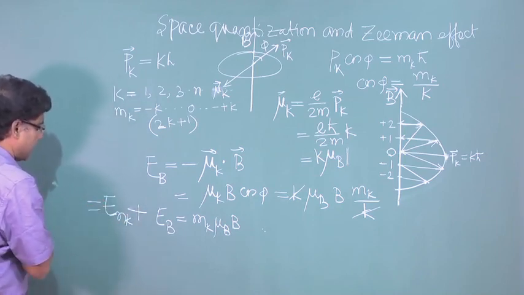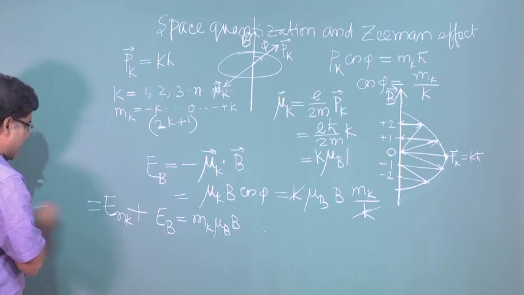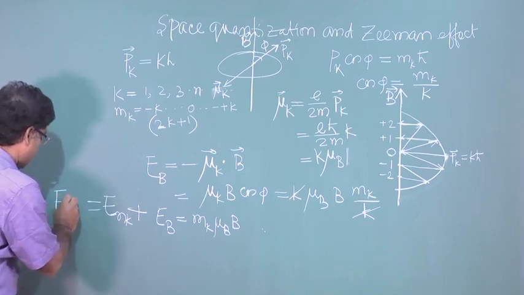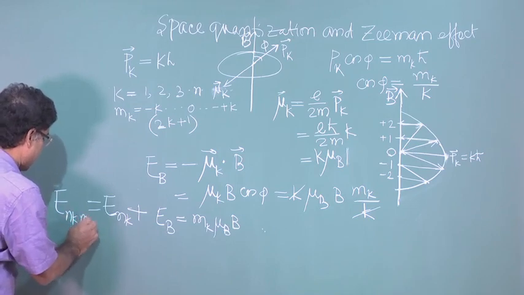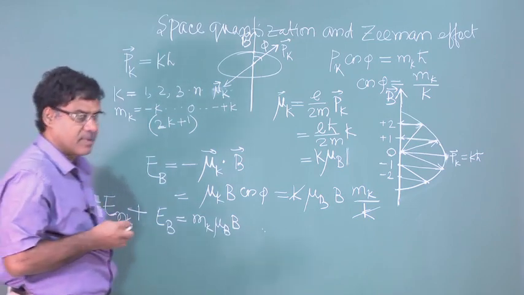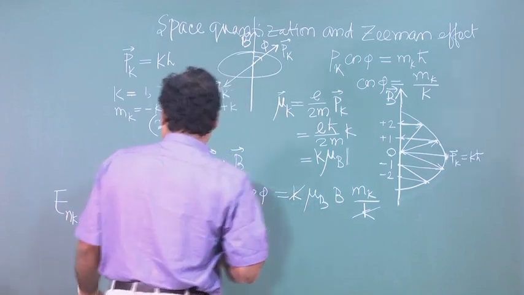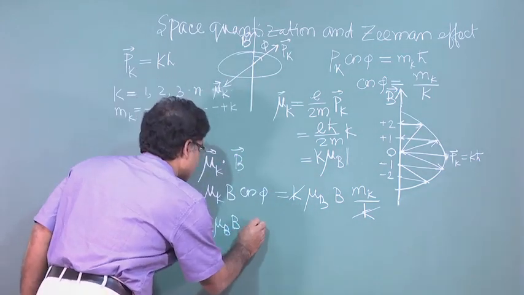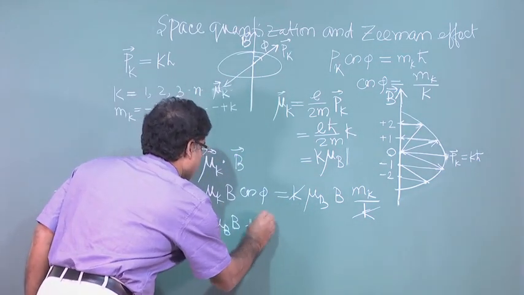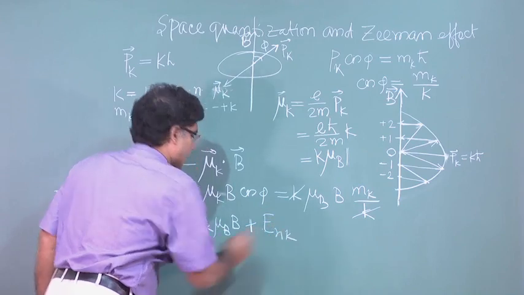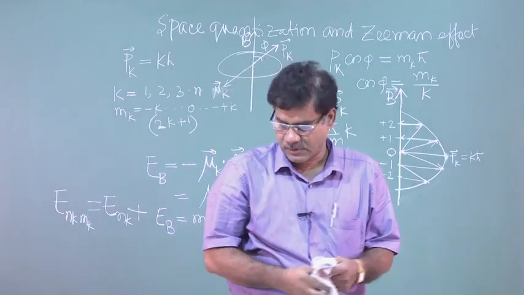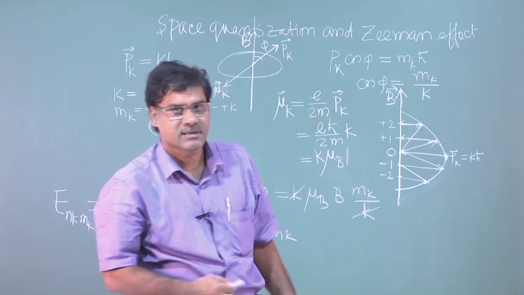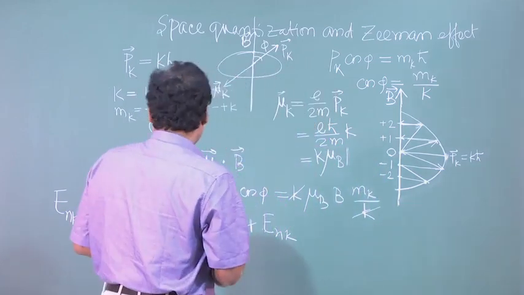That will be the energy, and it now depends on n k and m k in the presence of a magnetic field. So here I should use E n k. That will be the energy of the energy levels in the presence of a magnetic field.